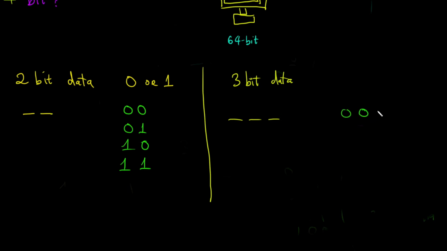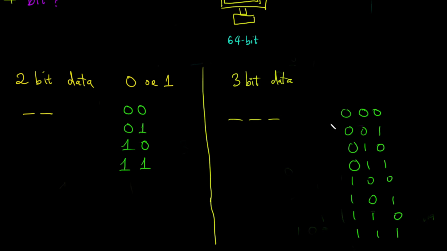You can have 0 0 0, 0 0 1, 0 1 0, 0 1 1, 1 0 0, 1 0 1, 1 1 0, and lastly 1 1 1. So there are a total of 8 possibilities.